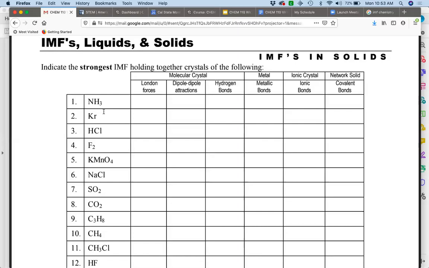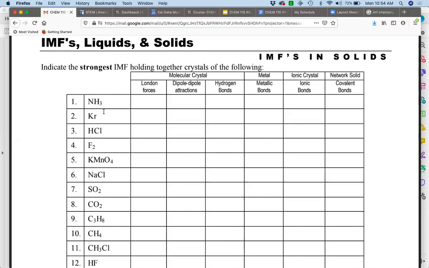Where would they show up? And would they be solid? So essentially, between molecules, would I have covalent bonds? And then the ionic crystal, really, that's thinking about, do I have ionic bonds where I have the transfer of electrons?